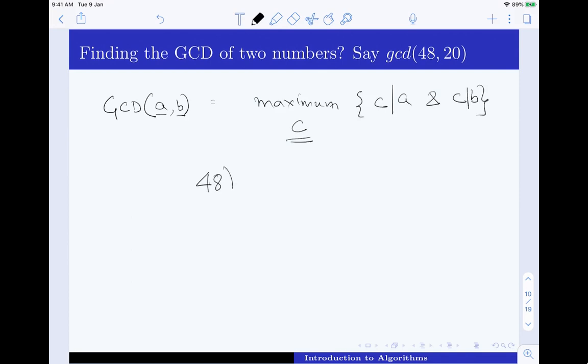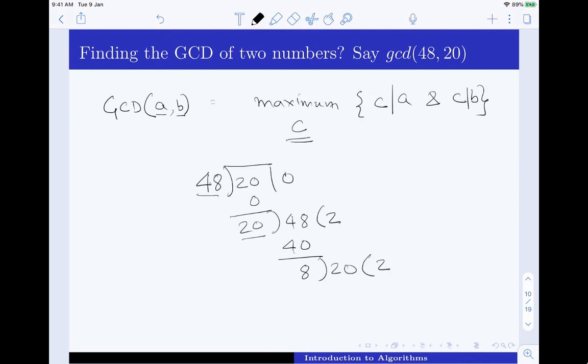Namely, you have this 48, you divide 20 by 48, and okay, it is 0. So you have 20, then you take this 48 over here, and you have 2, which is 40, then you have 8, then you bring that 20 over here, it is again 2, then 16, then you have 4. So these are all subtractions, right?